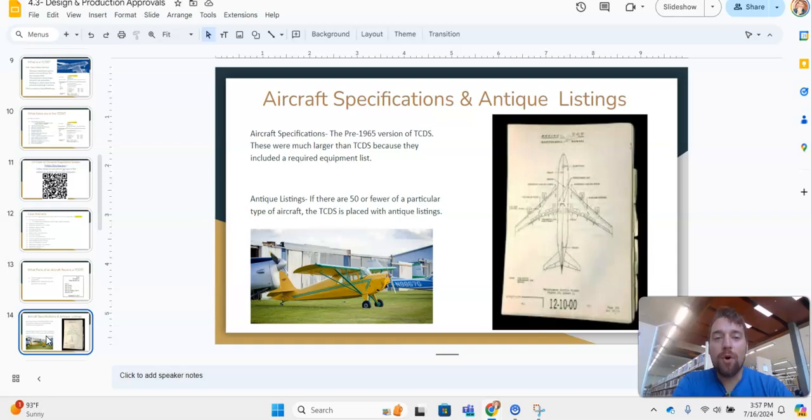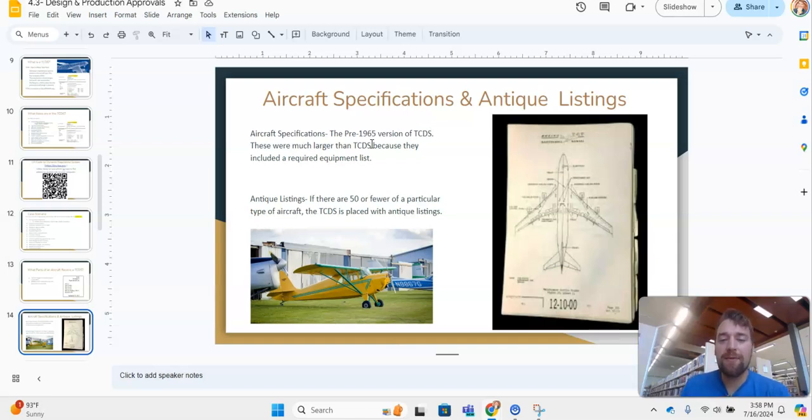There are some older airplanes that, prior to the days of TCDS, had different documentation. Like, for example, before 1965, before they had TCDS, they had something that was called the aircraft specs. And essentially it's the same thing as TCDS. It includes a lot of the information, fuel type, engines that are approved, center of gravity, weight, different things like that.